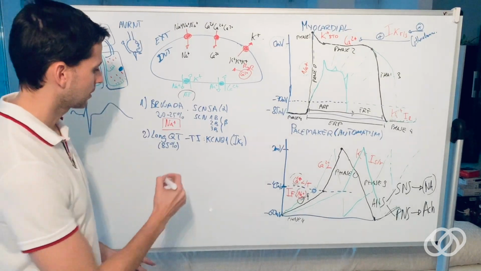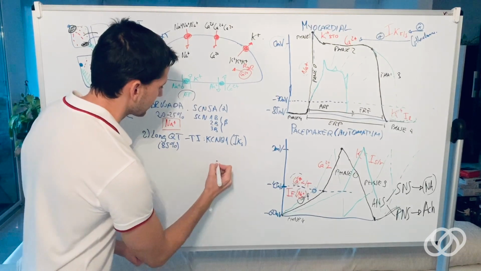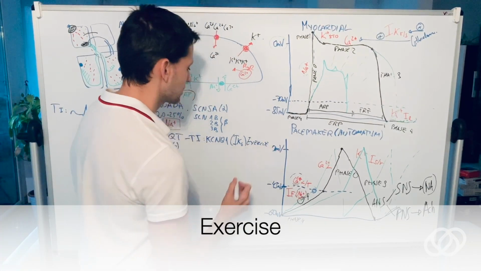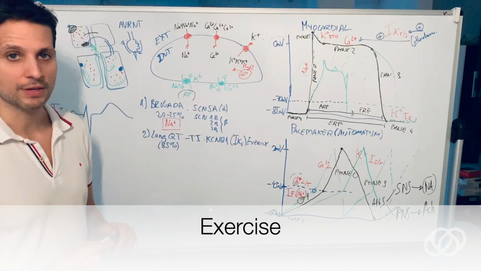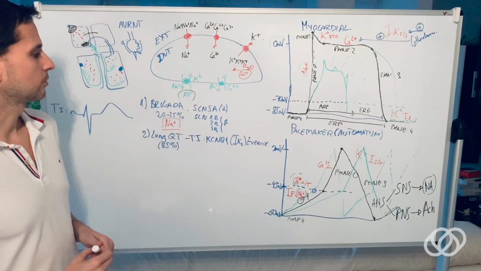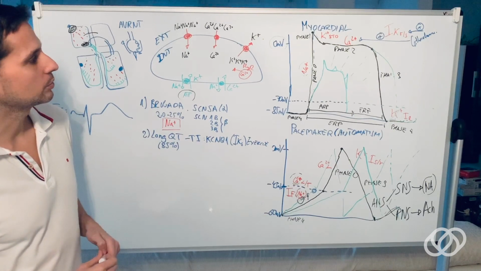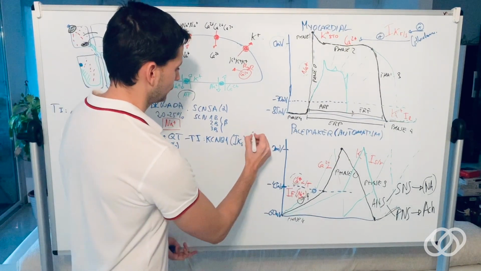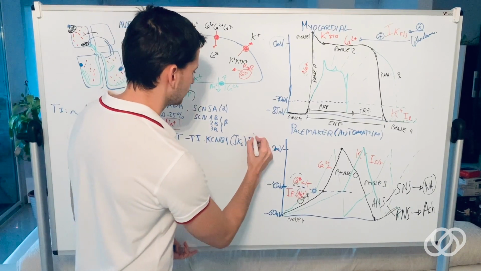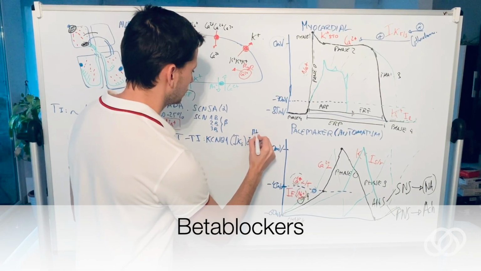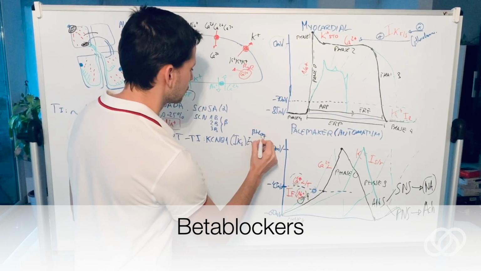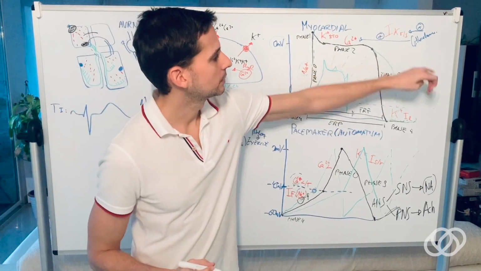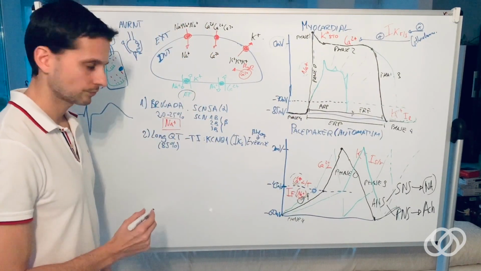So usually those patients have problems with exercise. With exercise, they are going to have arrhythmias. So what are we going to give to those patients? Usually beta blockers are good for those patients. We are going to give beta blockers to avoid these catecholamines.